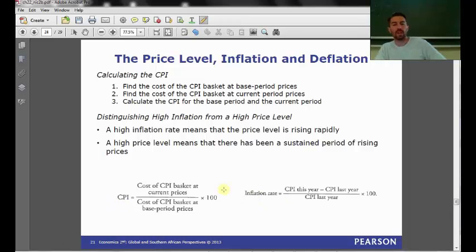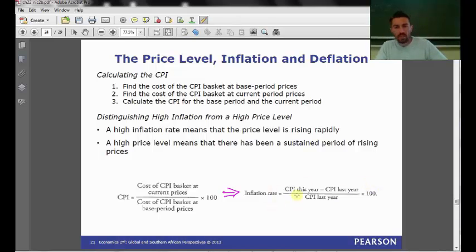Why is the CPI useful? Well, we use it to calculate the inflation rate. How do we calculate the inflation rate? It's the CPI in whichever year we are interested in, so in our current year, for example, minus the CPI in the previous year, divided by the CPI in the previous year, multiplied by 100.